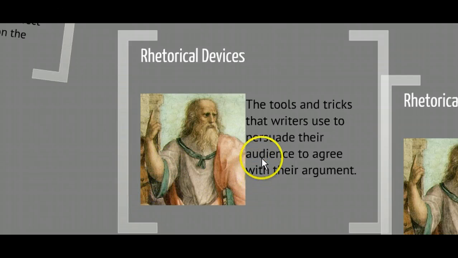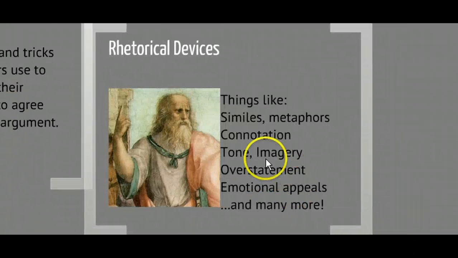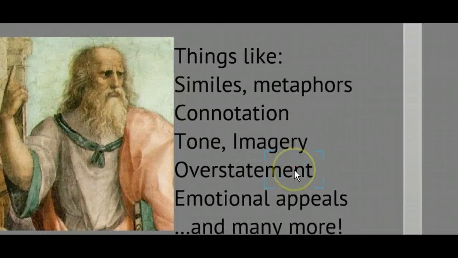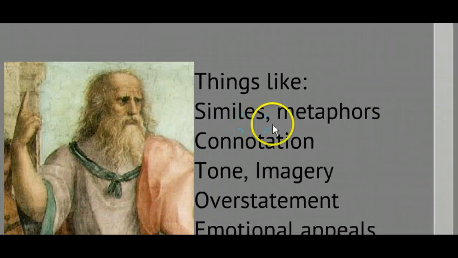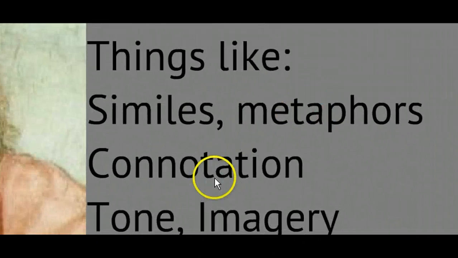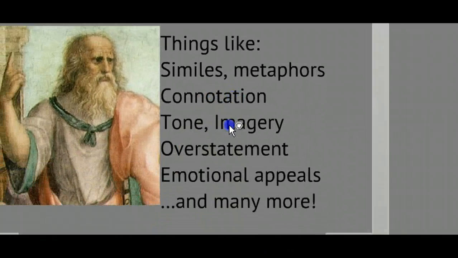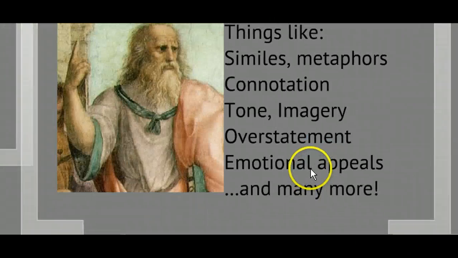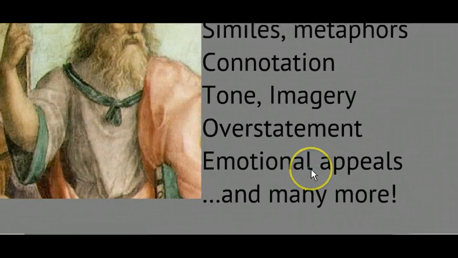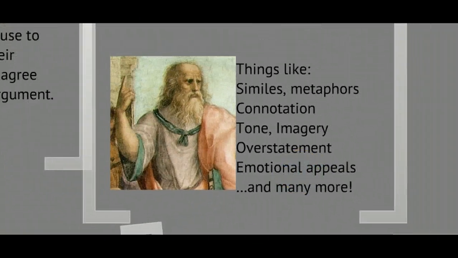So you can have similes and metaphors and all those kinds of things as well. In fact, if I was to tell you just a quick example of some of these rhetorical devices or strategies, they would include things like similes, metaphors, connotation, tone, imagery, overstatement, or we call that hyperbole, right? Emotional appeals, pathos, and many, many other things.